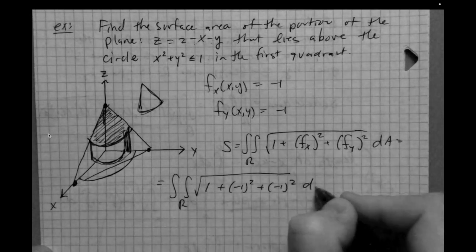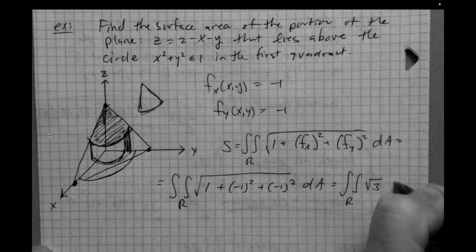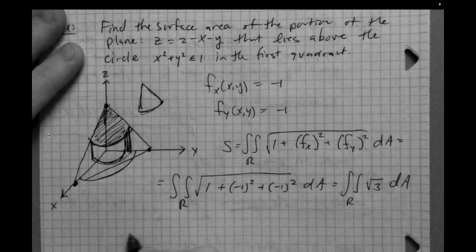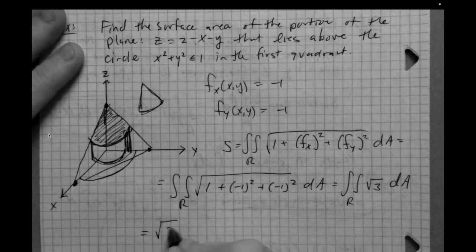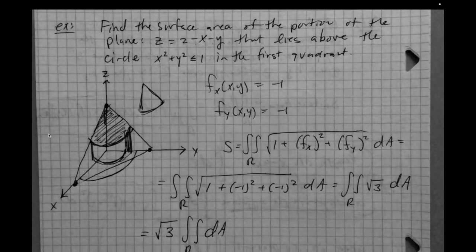And so this is straightforward, it's just a constant. So in this case, this is basically just the square root of 3 times the double integral of dA. So pretty much it's just the square root of 3 times whatever the area of the region R is.